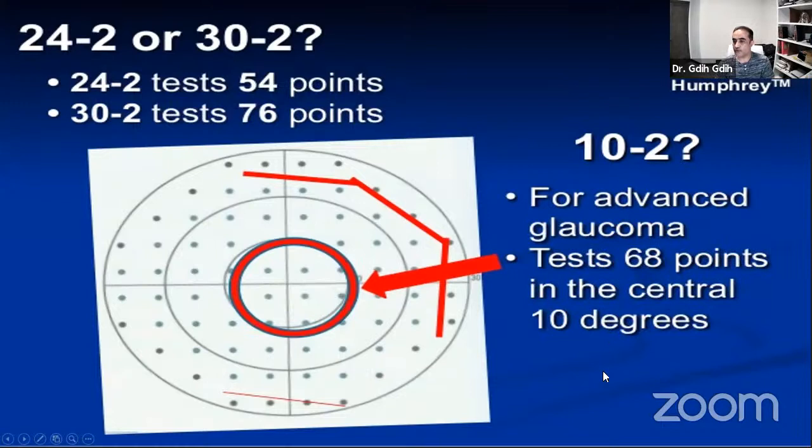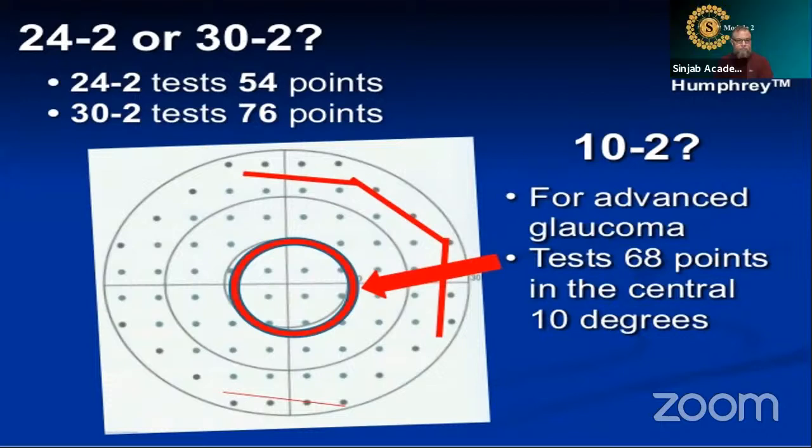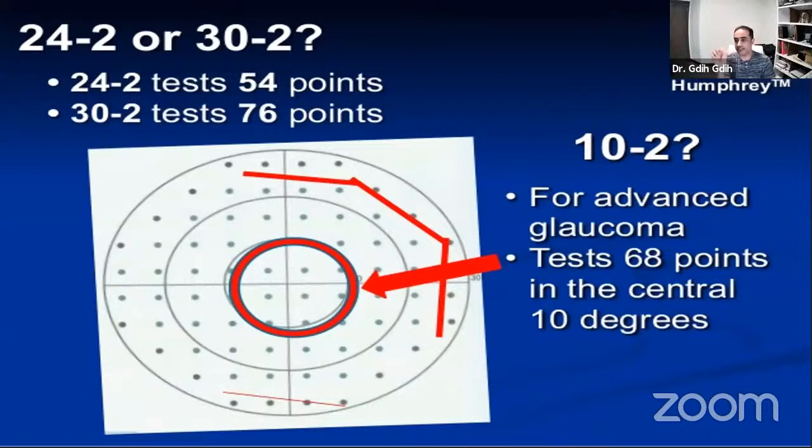Because 10-2 is high definition. It goes to that area and tests points close to each other, giving you a more defined shape of the scotoma that the patient has. Versus in 24-2, it tests every 4 degrees, so it skips some points in between. That's how it gets a wider area of testing.